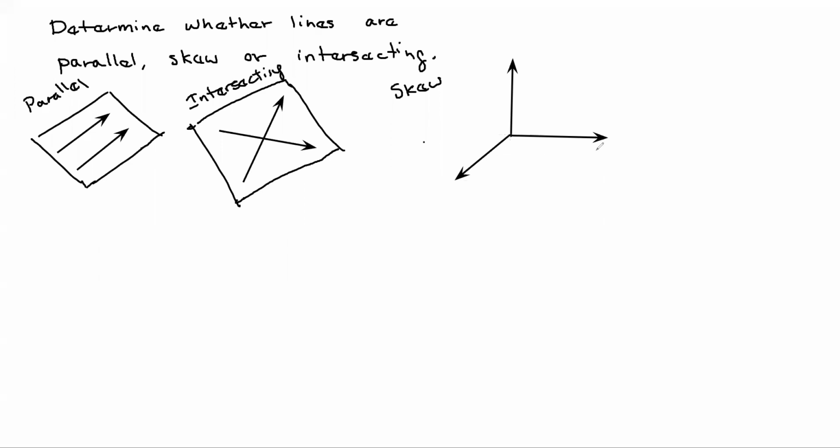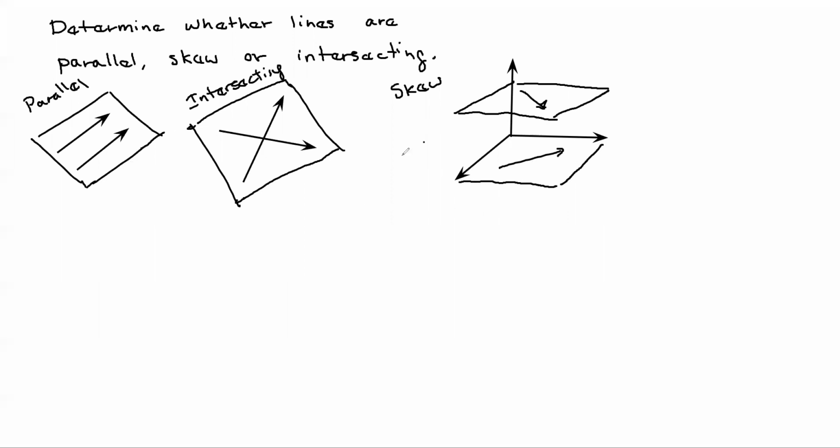Let's say that one of our planes is the XY plane, and you have a line that goes that way, and then directly above it, you have a second plane that is parallel, and that has another line on it. Because these two lines lie on parallel planes, they never intersect. These are called skew lines.